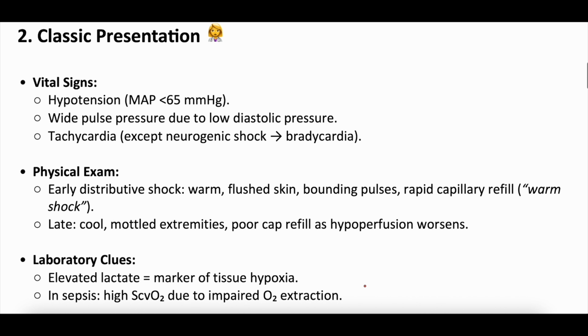So the classic presentation of distributive shock, well, starting with vital signs. Someone walks into the emergency department or comes up to the ICU or goes to the medical floor, and vital sign derangements in distributive shock include what you see in all shock states: hypotension. Now, we have talked about shock in general, and shock has a formal definition, which often involves hypotension, but pathophysiologically, you do not have to be hypotensive to be in distributive shock.